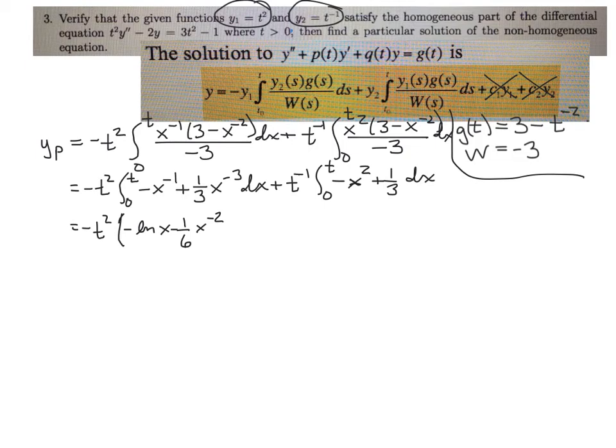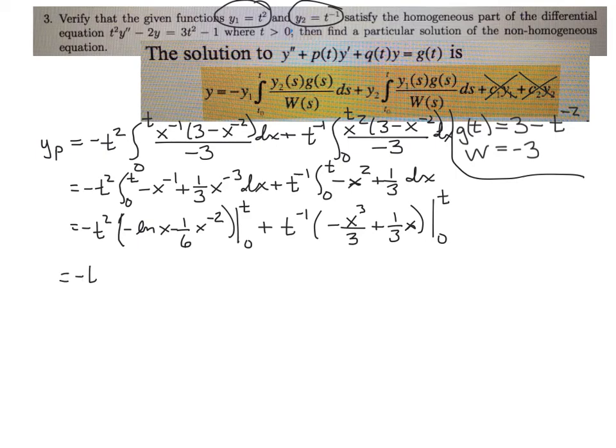All right, and I'm going to have to evaluate that from 0 to t. On the next one, I've got to add 1, divide by 3 then, and the integral of 1/3 is 1/3 x, and I'll have to evaluate that from 0 to t.